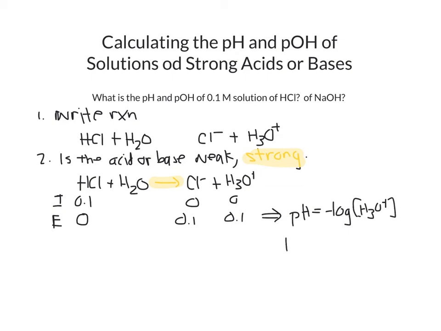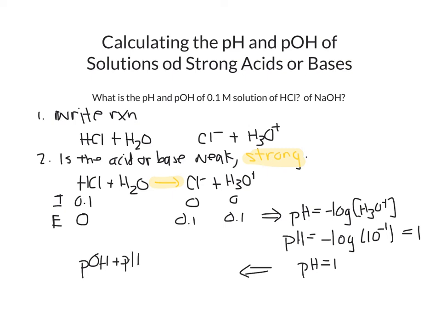So my pH is going to be minus the log of 0.1. 0.1 is the same as 10 to the minus 1. And so the negative log of 10 to the minus 1 is equal to 1, and so my pH is equal to 1.